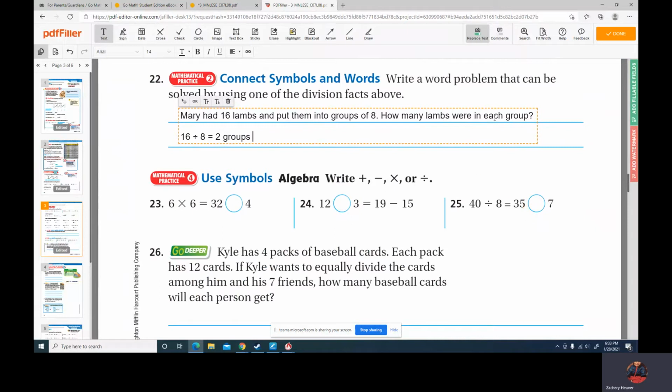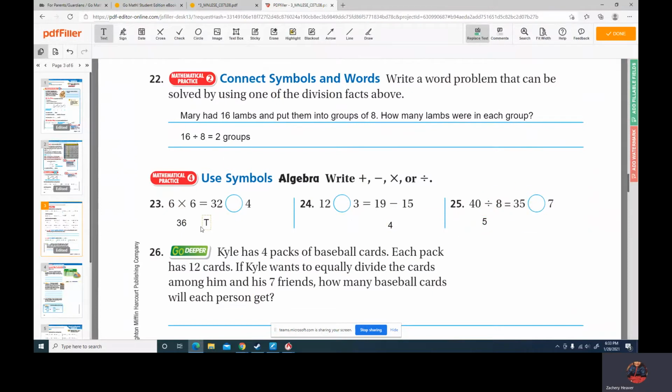The next, we got to make it true. So we know 6 times 6 is 36. I know 19 minus 15 is 4. And I know 40 divided by 8 is 5.